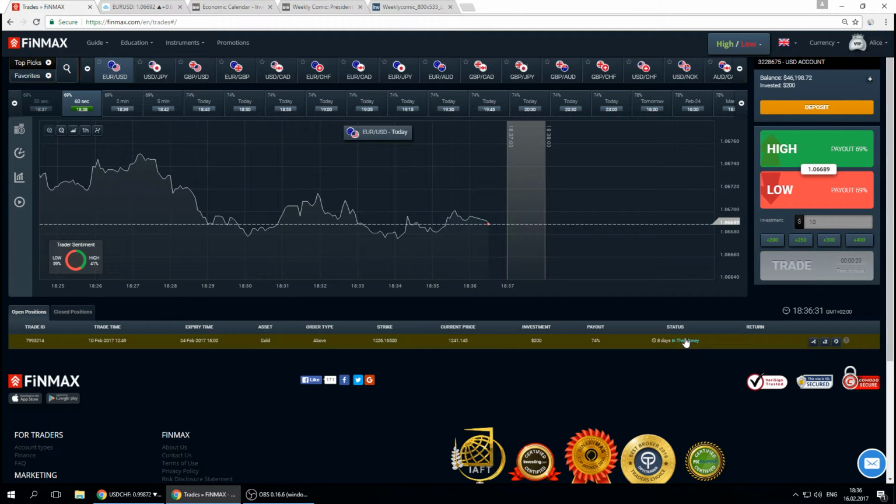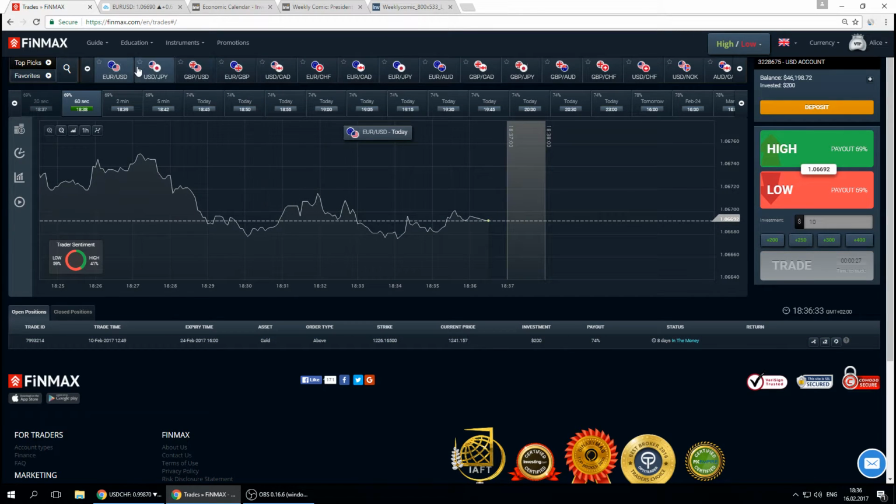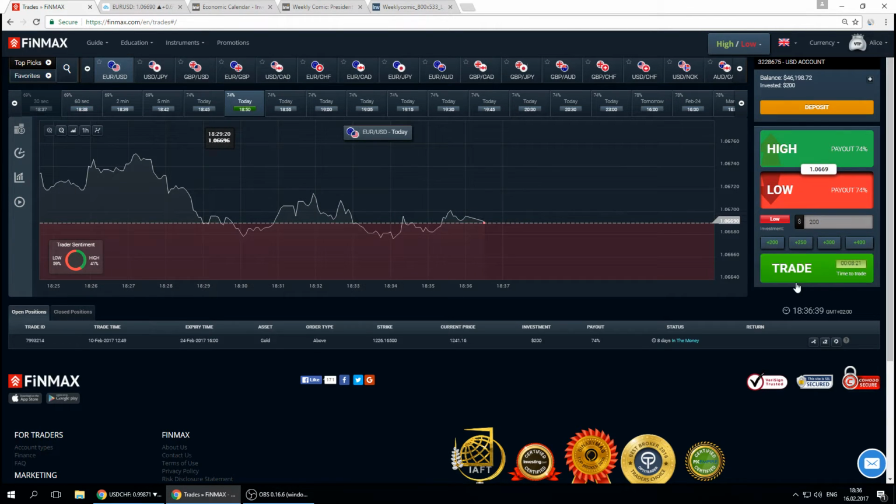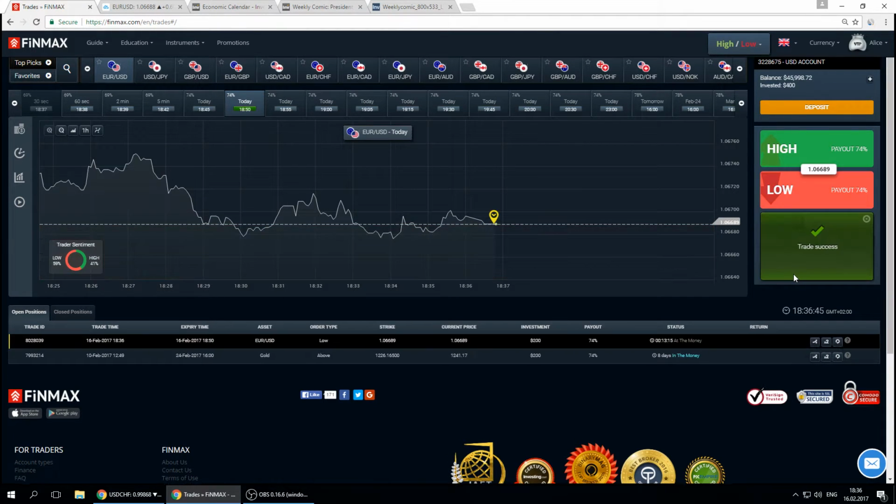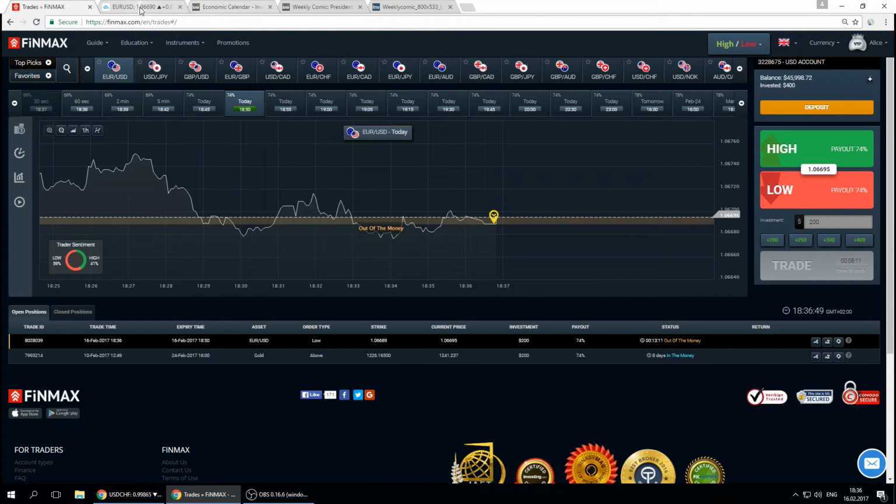It's going to expire in 8 days. So sometimes I trade on the long terms, but basically I prefer to trade intraday. So we're going to open the trade on Euro USD, 15 minutes expiry time, and it's opened. Out of money right now.